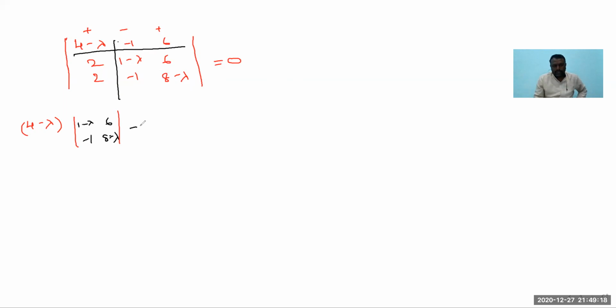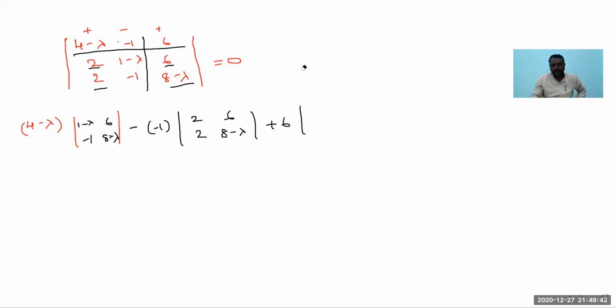Next, minus into minus 1 into the determinant of 2, 6, 2, 8 minus lambda. And last, plus 6 into the determinant of the remaining terms, 2, 1 minus lambda, 2, minus 1.